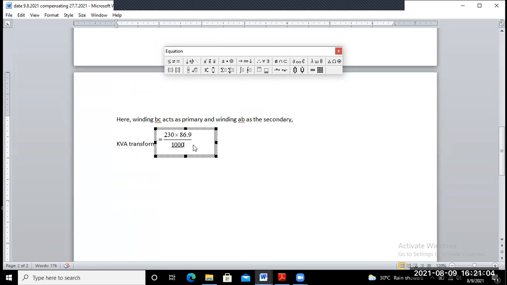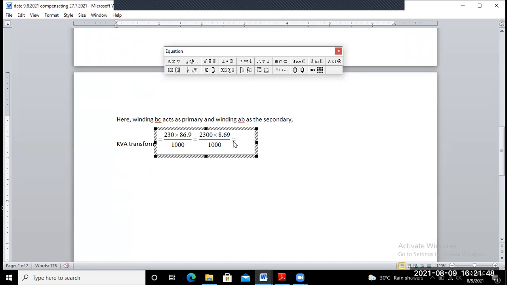Or you may say that from the input side, that means 2300 volt into the current flowing, 8.69 ampere through this winding BC, divided by 1000.